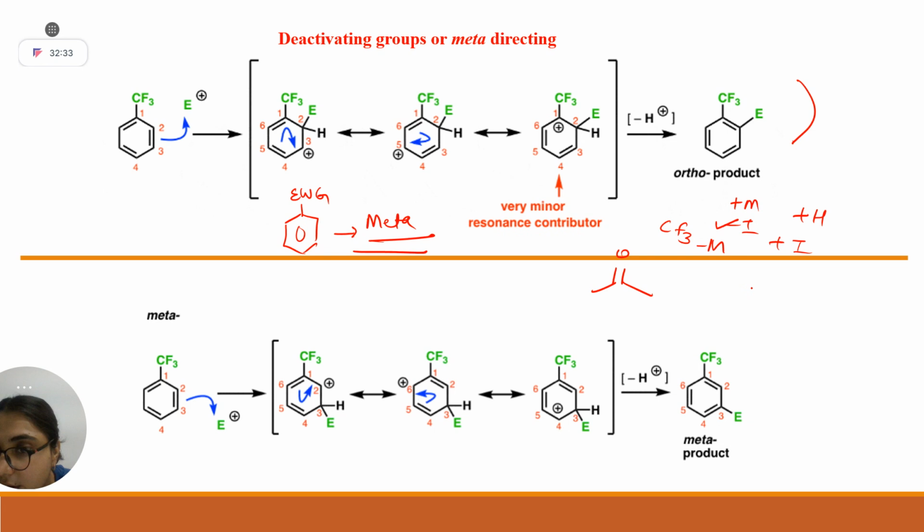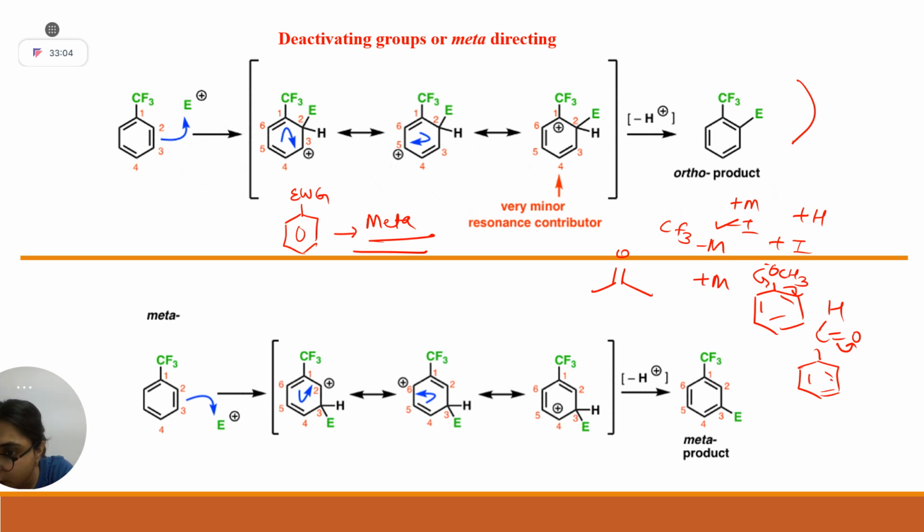Mesomeric is, let's say you are given this OCH3. So if you draw its resonating structure, OCH3 is giving electron density to benzene ring, therefore it is plus M, mesomeric effect. Let's say you are having benzaldehyde, COH, positive O negative.